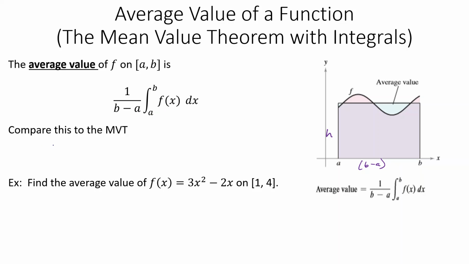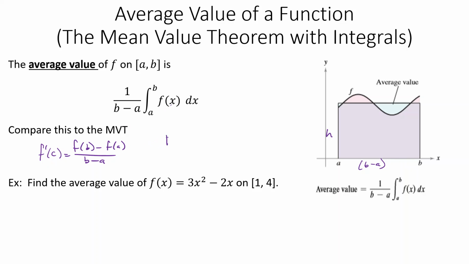This is very similar to the mean value theorem. Remember, the mean value theorem said f prime of c equals f of b minus f of a over b minus a. This was the average derivative, or average slope, on the interval from a to b. Well, this is basically that with one higher function up.